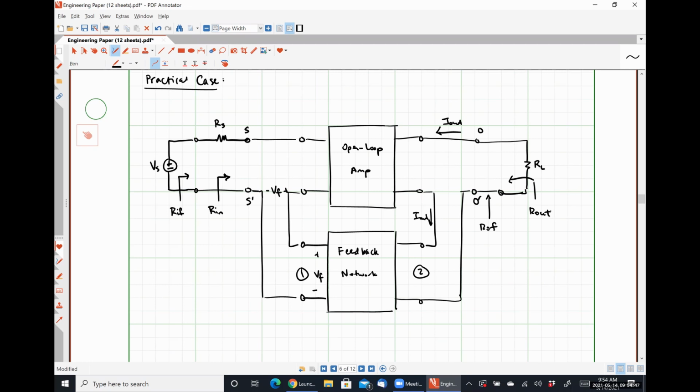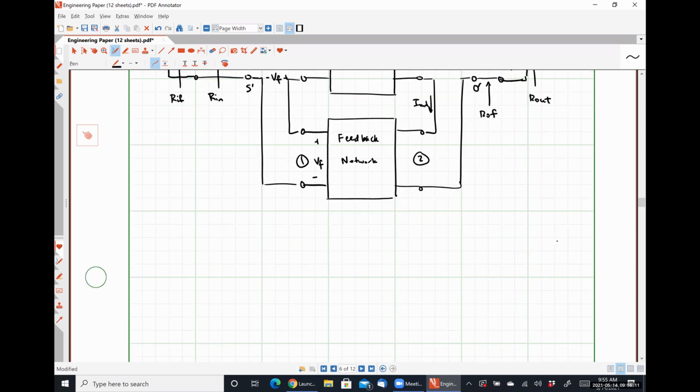The only real difference is that since the feedback network is connected in series to the output of the open loop amplifier, that is going to change fundamentally how we measure R11. So when we look in through port 1 of our feedback network, everything else is going to be the exact same thing.